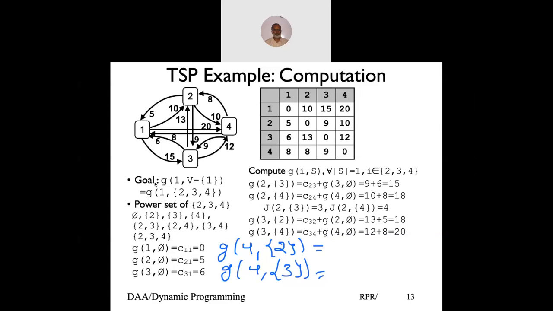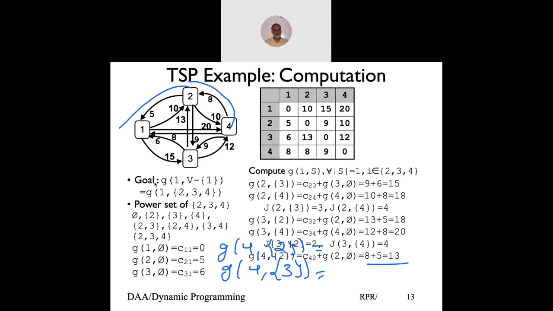Can you work out quickly and see what you get? 4 to 2 is 8, sir. 4 to 2 is 8 and then G(2, ∅). So this is H42, which is 8, and then 2 to 1 is 5, so 8 plus 5 is 13, and that is what we basically get.